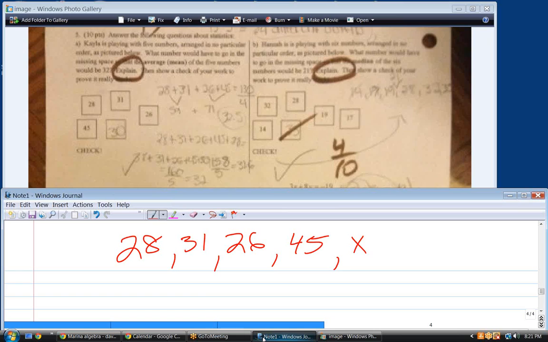No, I got that one right, but I just didn't explain, so that's why he took a point off. Right. So what is the explanation? That the missing number would have to be 30, so that those 5 numbers average would be 32.